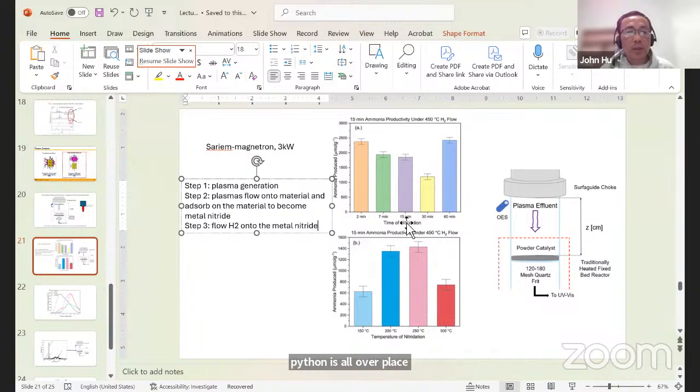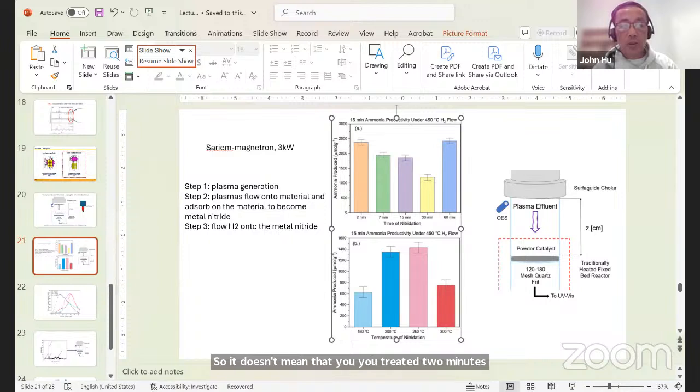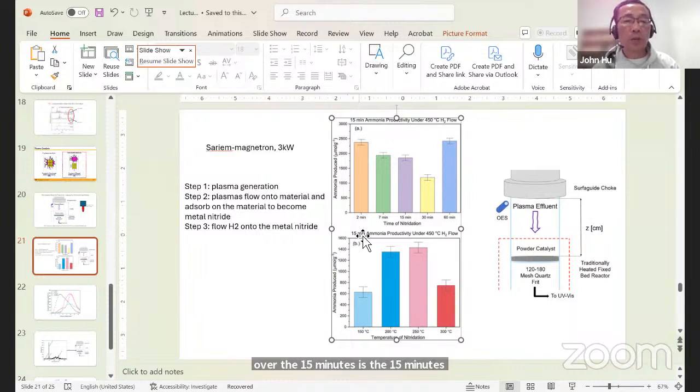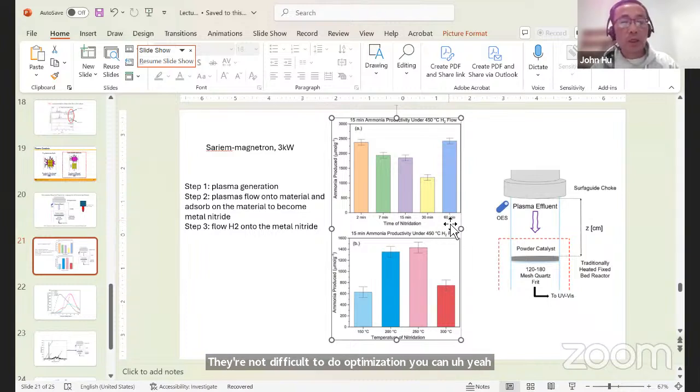The reason being that this plasma is what people call non-equilibrium plasma, because in this plasma region, you have all kinds of species. So it doesn't mean that you treated 2 minutes, or 7 minutes, or 15 minutes. It's difficult to do optimization. Sometimes if you treat 60 minutes, it's still good, but it's the same as 2 minutes.